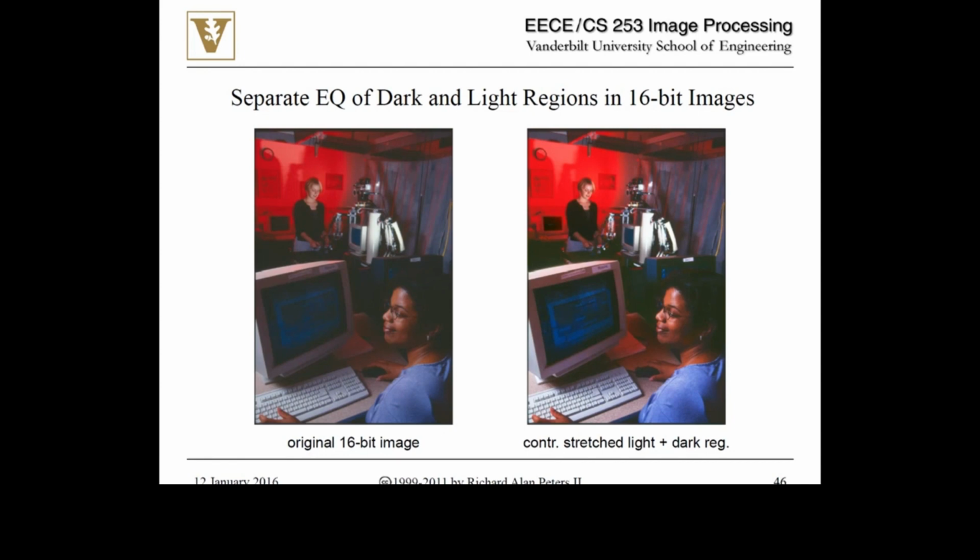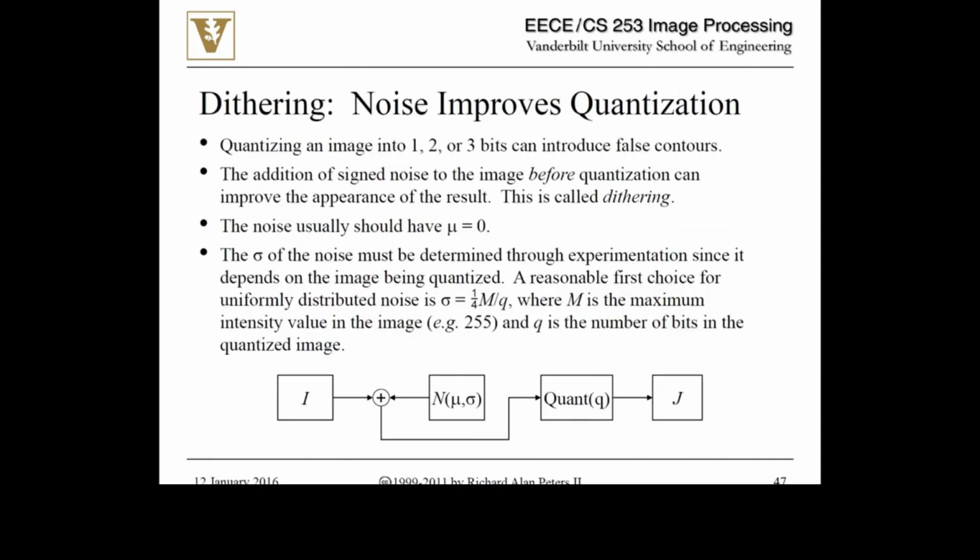So now that we have this idea that I can separate the dark and light regions based on the bits, I can apply different transformations to each one of those. And here is a surprising result. Normally we tend to think of noise as something bad. So wherever we have noise, we will have a degraded image.